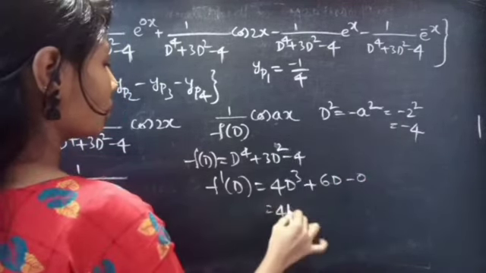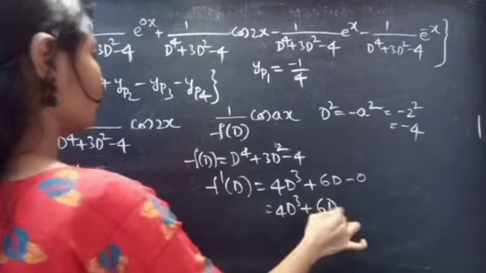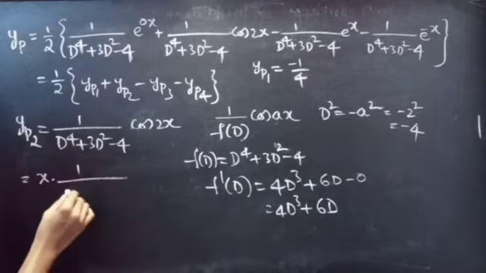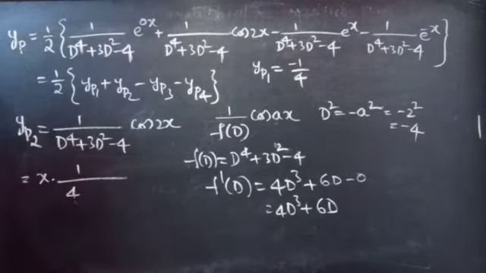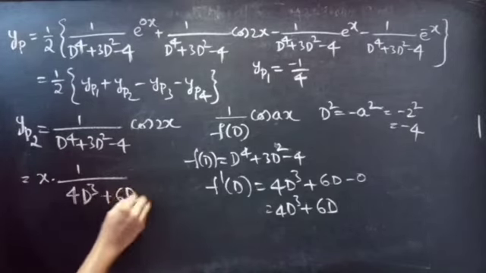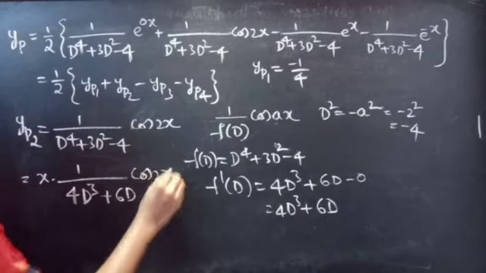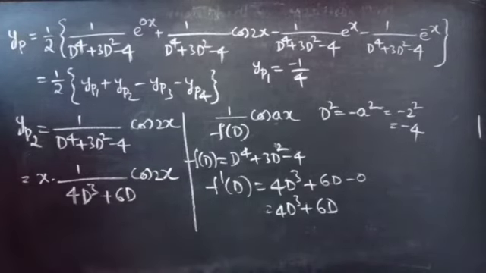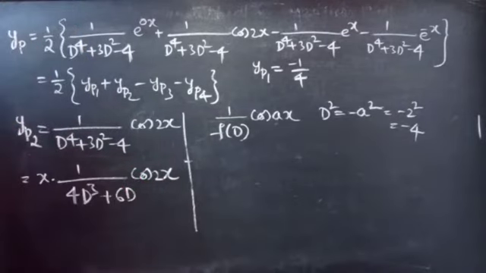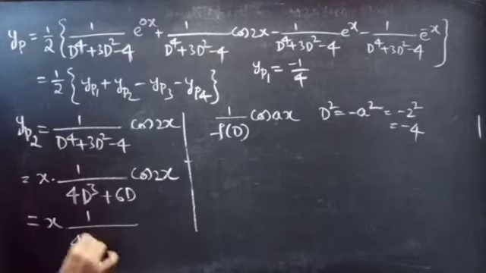That is 4d cube plus 6d, right? Now write the derivative of f of d in the denominator: we get 4d cube plus 6d into cos 2x, right? Again, you can write this d cube as d square into d.